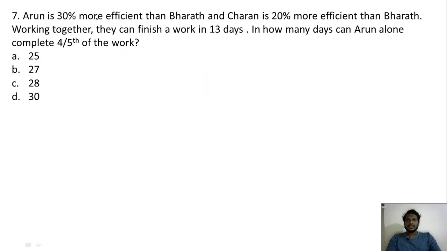Arun is 30% more efficient than Bharat and Charan is 20% more efficient than Bharat. Working together, they can finish a work in 13 days. In how many days can Arun alone complete 4/5 of the work? Now let us take the individual efficiency ratio of Arun, Bharat and Charan.